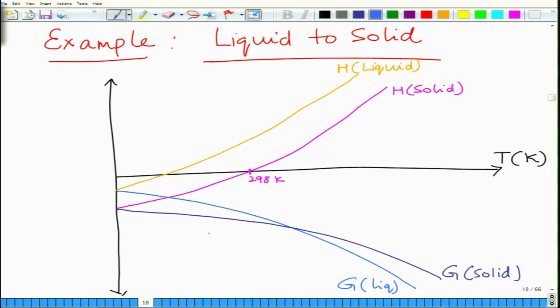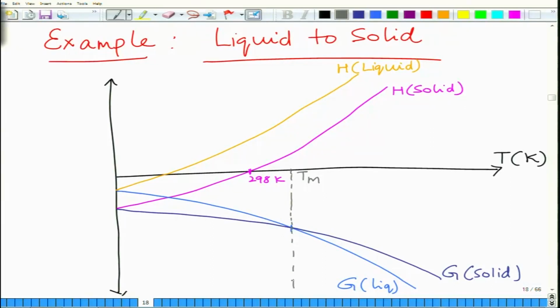Now, what we see from this plot is, first let us look at the free energy. The free energy of both solid and liquid phases decreases as a function of temperature. However, at this particular temperature, some transition temperature, let us say in this case Tm, which is the melting point, we see that below the melting point the free energy of solid phase is lower, but above the melting point the free energy of liquid phase is lower, which means solid is stable in this regime.